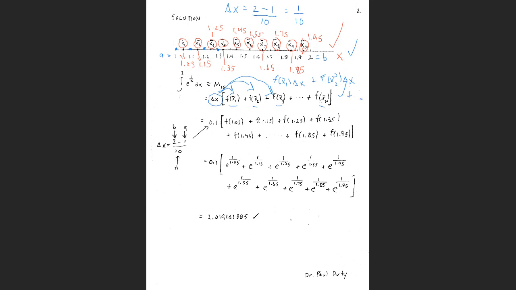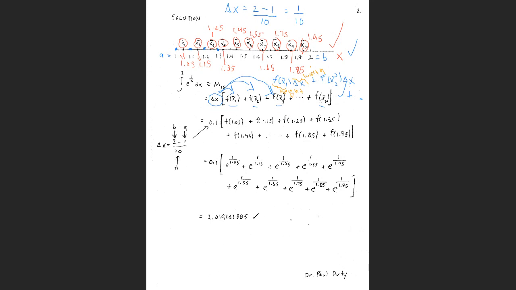What does each of these represent? f of x1 bar is the height of a rectangle, and delta x is the width of the base of the rectangle. So basically, you're adding up the areas of 10 rectangles, each with the height determined by the function value at the midpoint for that subinterval, and delta x is the width.